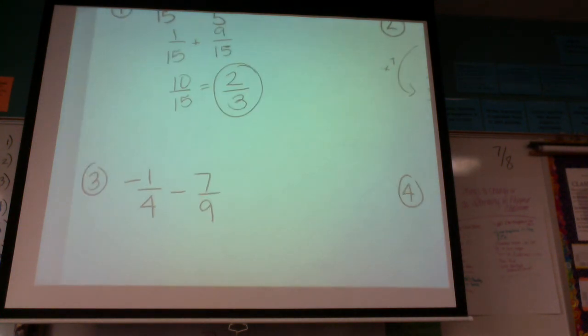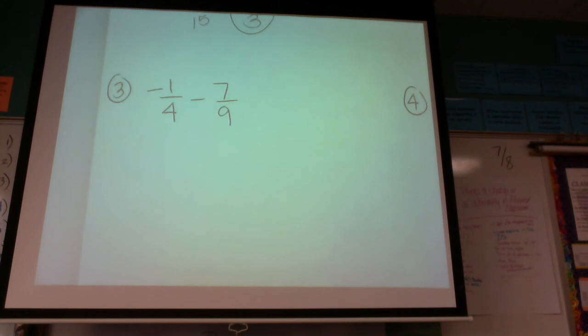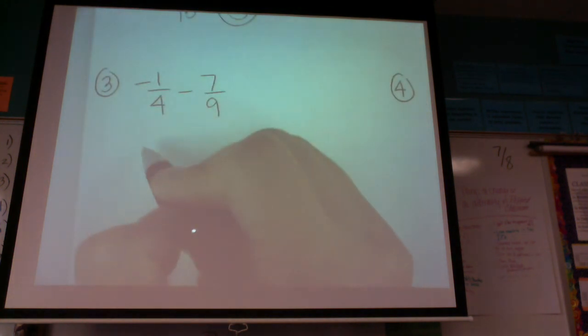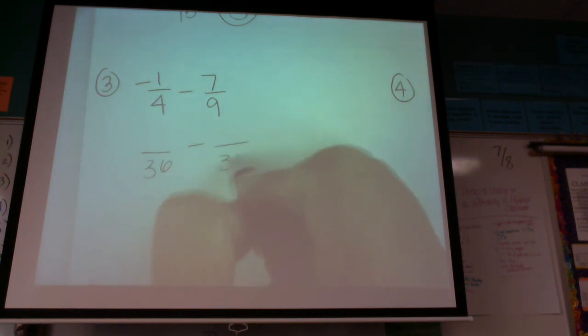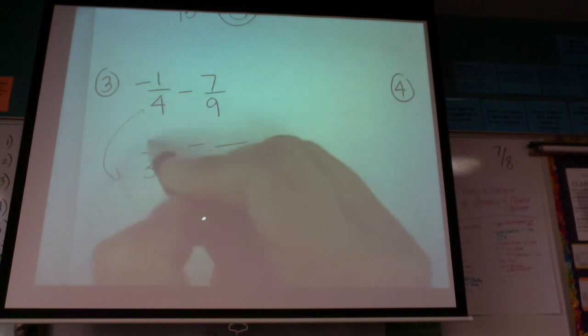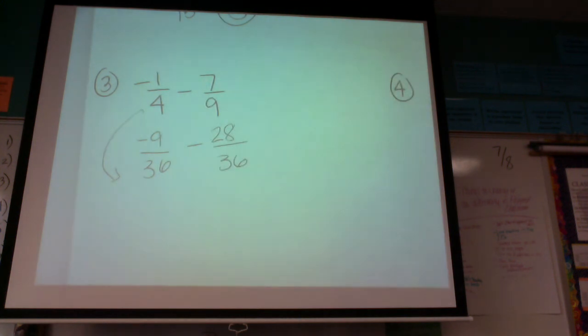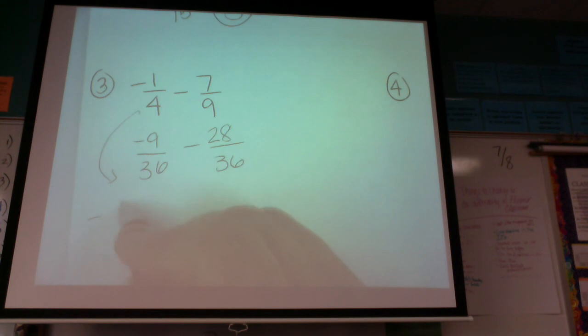Going to number 3, common denominator between 4 and 9. Well, that's probably going to be 36. So something out of 36. That's going to be times 9, so negative 9. Negative 1 times 9 is negative 9. Times 4 times negative 7 is going to be 28 there. So negative 9 minus 28 is my new problem.